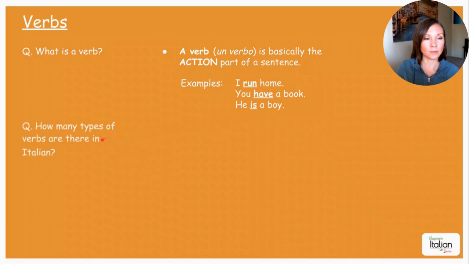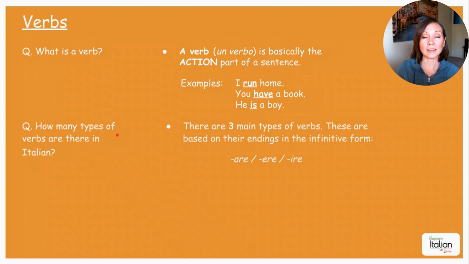How many types of verbs are there in Italian? So there are three main types of verbs. These are based on their endings in the infinitive form. So we have ARE verbs, ERE verbs, and IRE verbs. For example, an ARE verb would be andare, to go. Andare. You could see the ARE ending here.